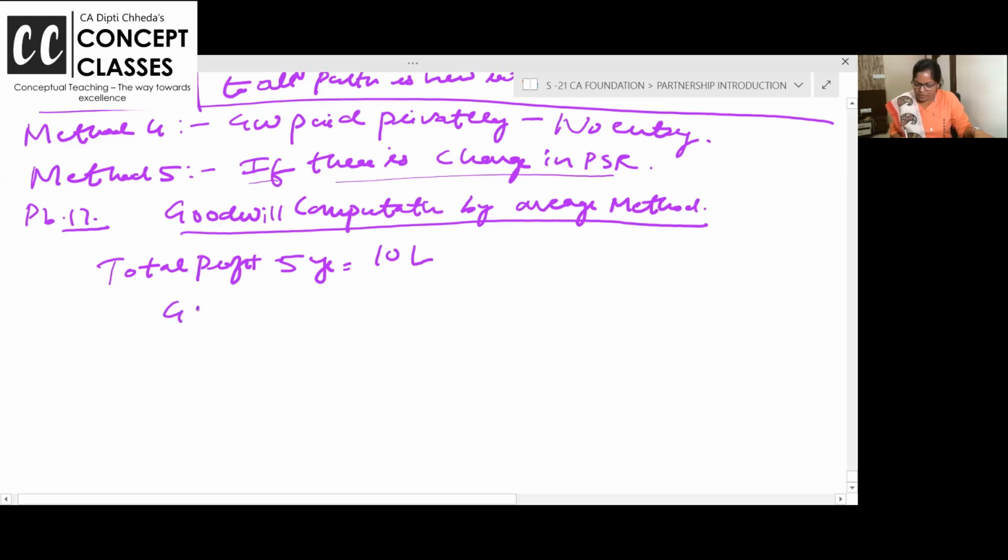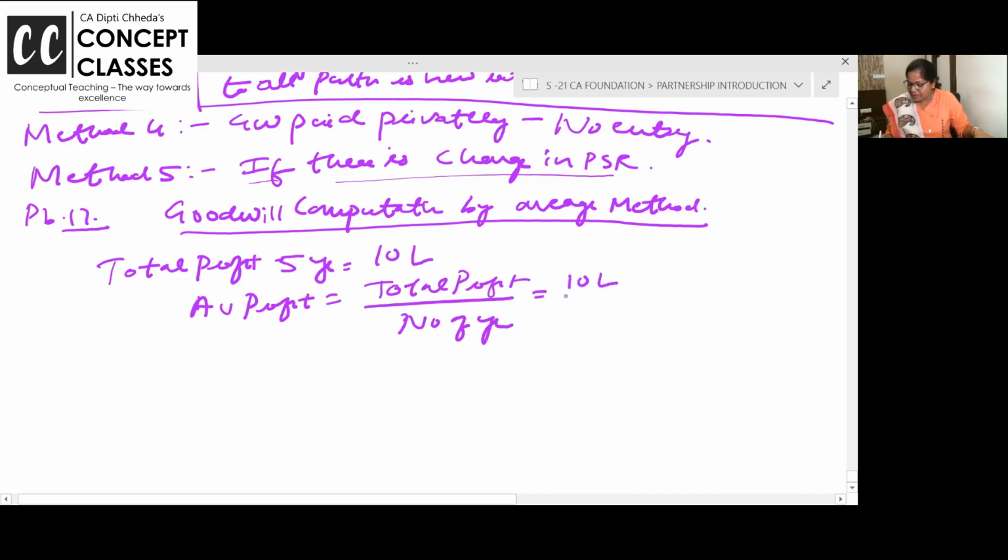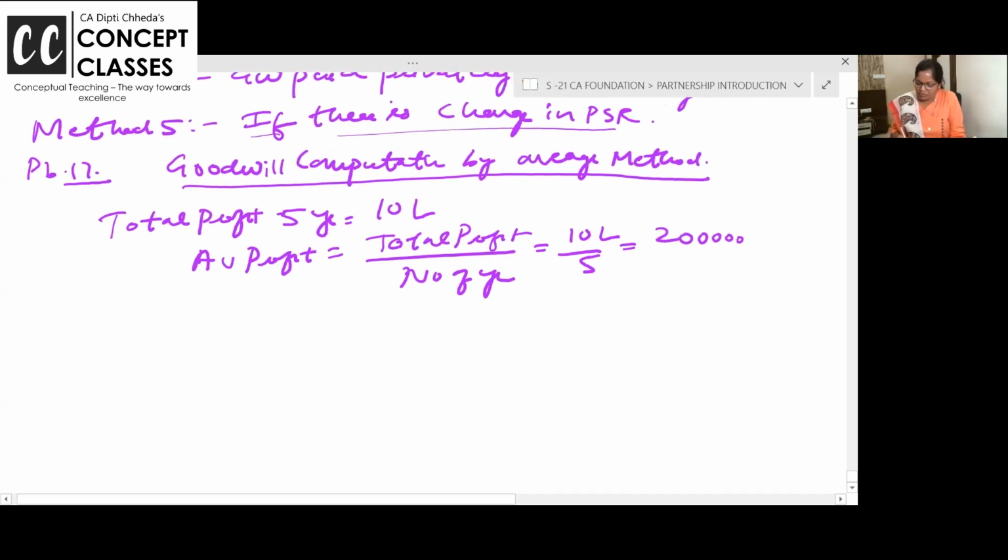So now what is average profit? Average profit is equal to total profit divided by number of years. 10 lakhs divided by 5 is equal to 2 lakhs. This is average profit.